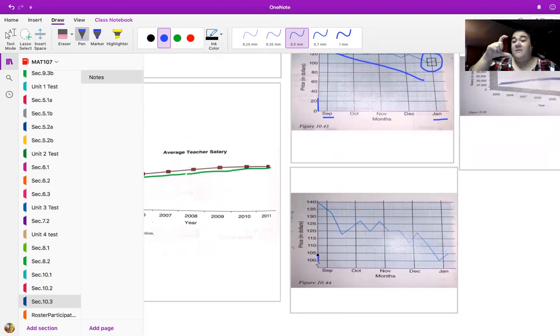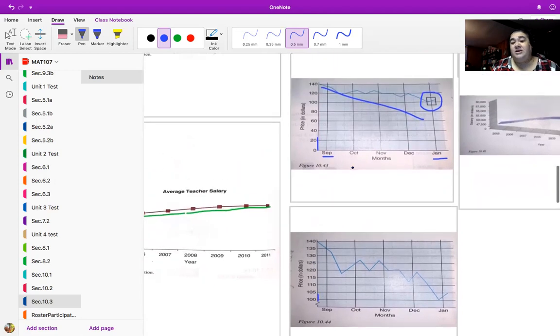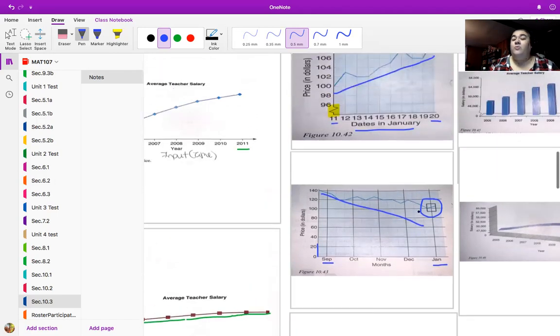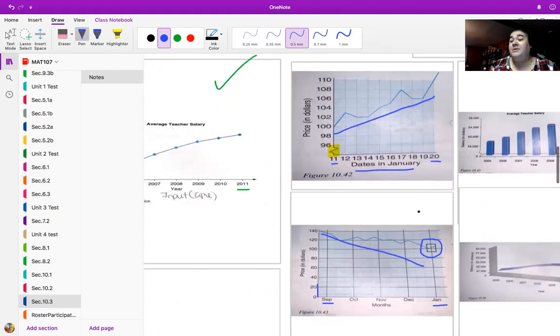So now instead of it being 20, it's 5. And you look at that same information, and now this is a much more dramatic drop in the cost of things, or in the money that you're making, or in the price that something is being charged. So again, depending on what you're looking at, you can manipulate the information.